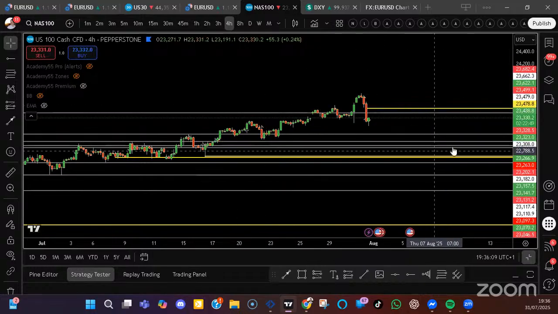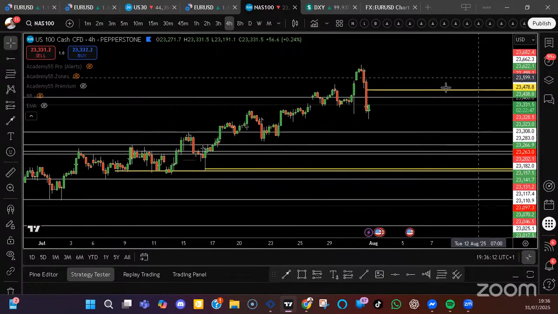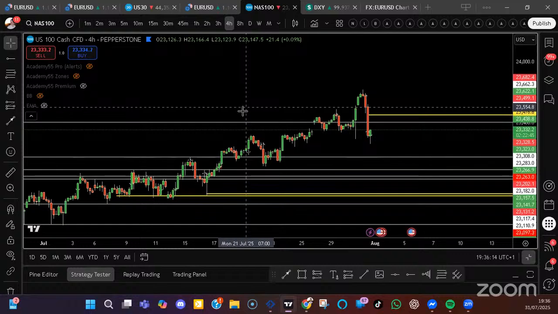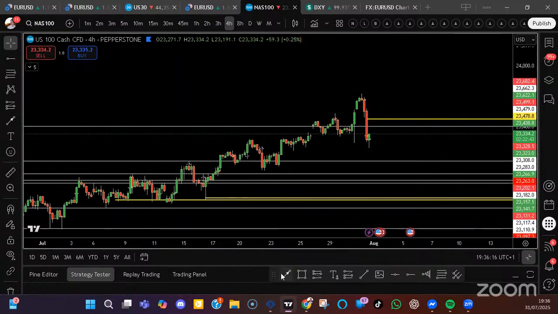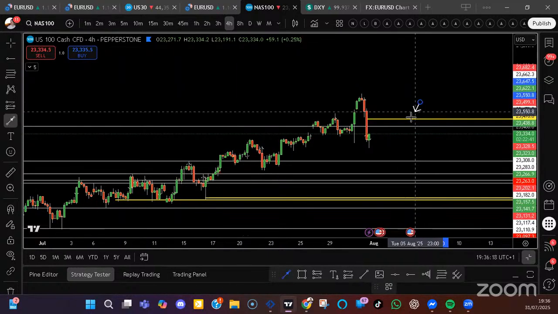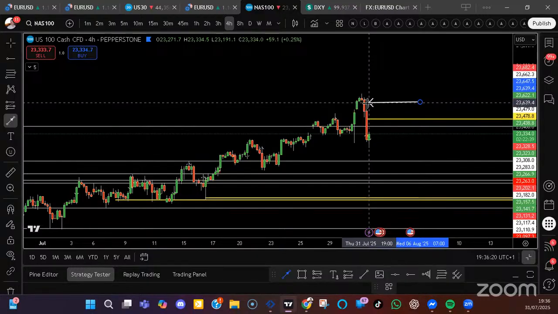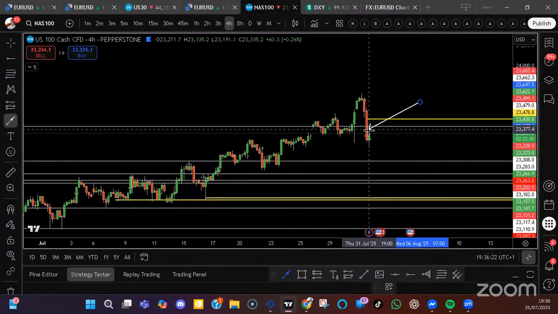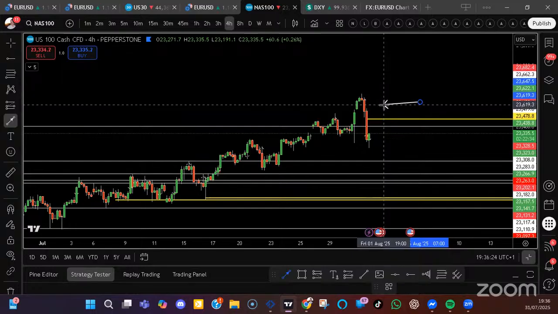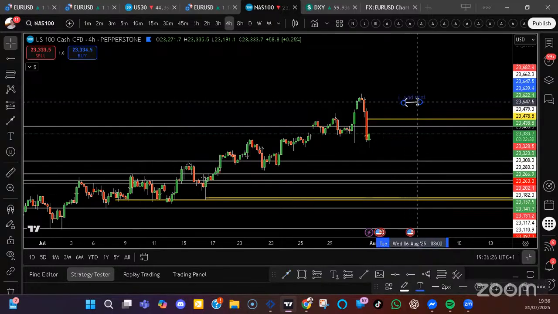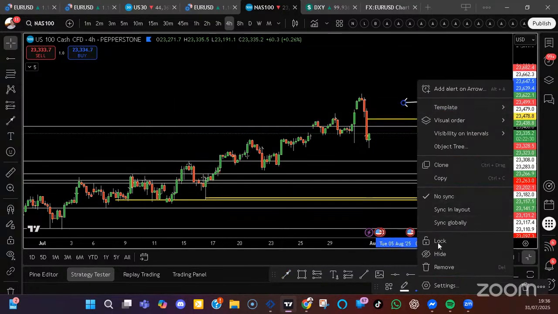So going to the 4 hourly, we have all this. Let's get all this area here on that candle there, on the 4 hourly candle, and that one. That is all imbalance, a fair value gap that needs to be filled.